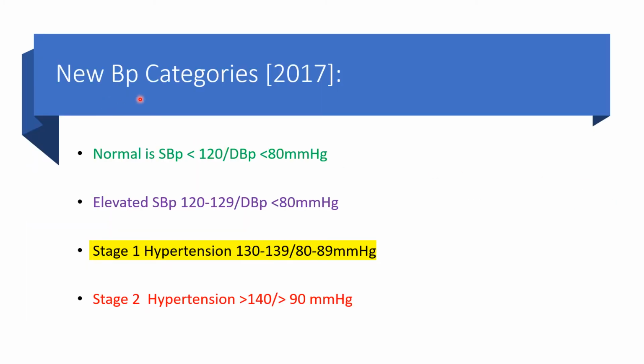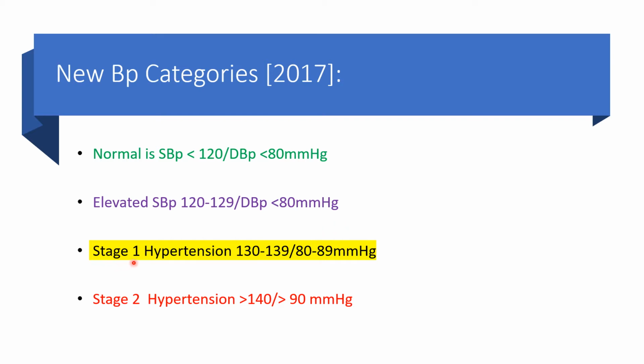Now, new BP categories, that is the 2017 guideline, is what I'll be adopting. Okay. Now, we will define BP as normal if systolic blood pressure is less than 120 and diastolic is less than 80. We will say it is elevated if systolic is between 120 and 129 and diastolic is less than 80.